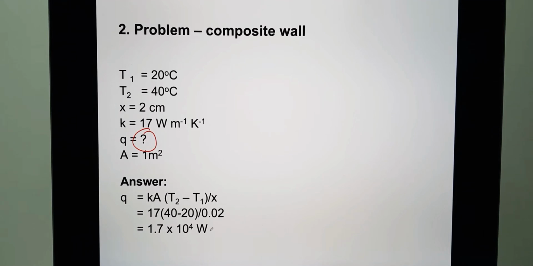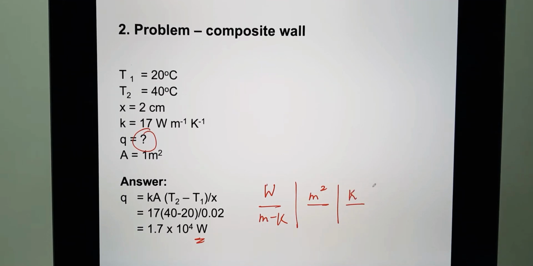So you should be able to get the value of 1.7 times 10 to the power 4 watt. Okay, why watt? You need to know where you are going to cancel out the unit. For example, K has the unit watt per meter Kelvin. Then you have A, the unit is meter square. Then you have delta T, which is only one single unit, Kelvin.